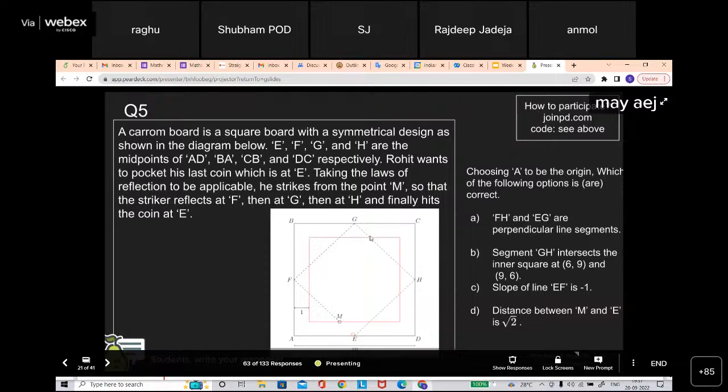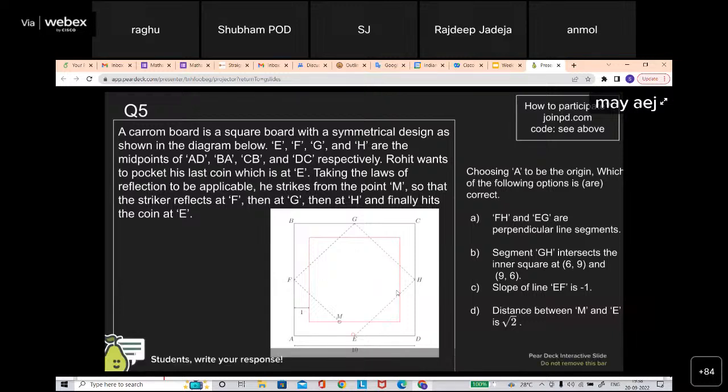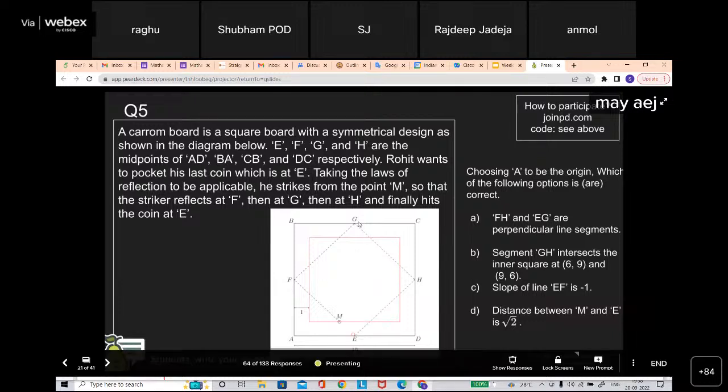Now you can see this line already. This is 1 meter, so you can easily get the equation of this line and the intersection points of these lines. All intersection points can be easily found using the equations of those lines. Now once you have that, it asks for GH and FH. This line and this line are perpendicular, as the points are midpoints, so they may be perpendicular, but you need to check.